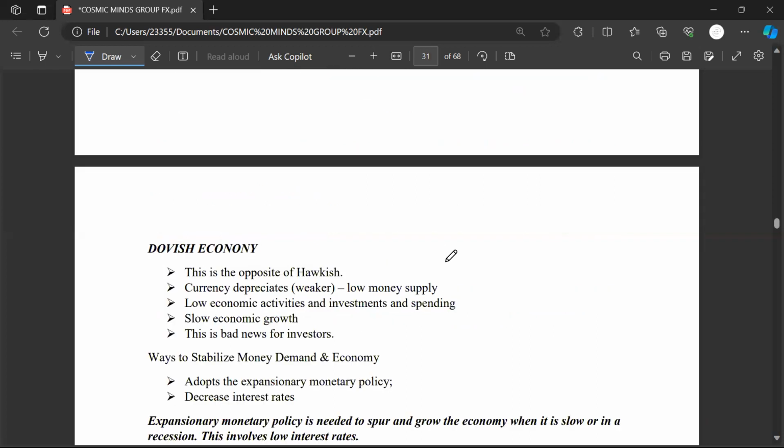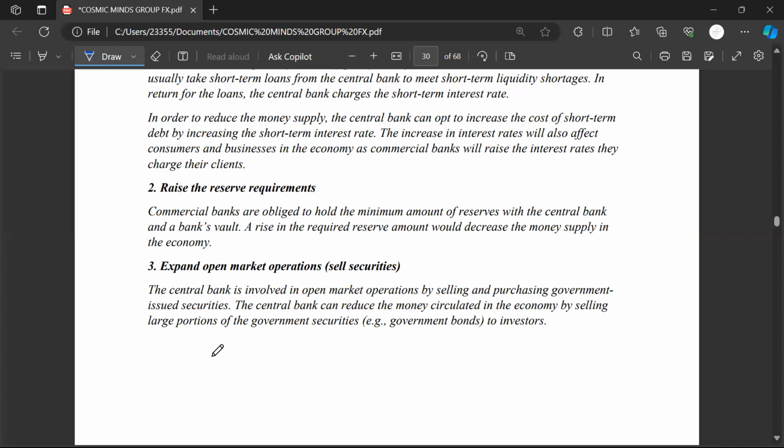So that is it. Let me take it again. The central bank is involved in open market operations, selling and buying government-issued securities. The central bank can actually reduce the money circulating in the economy by buying large portions of the government securities.